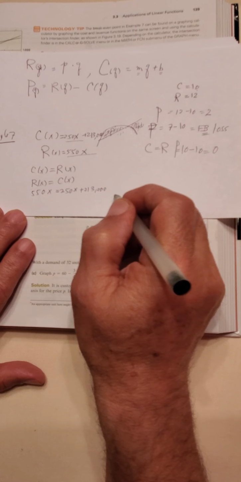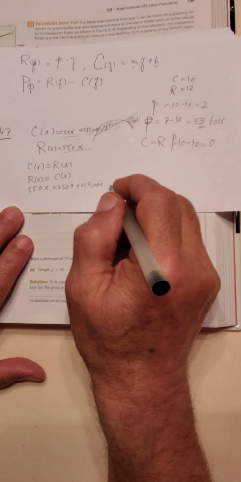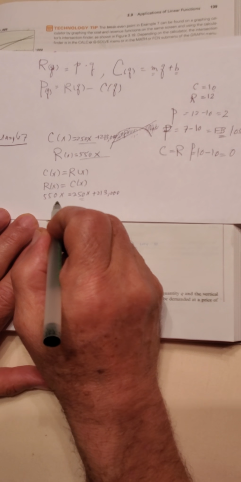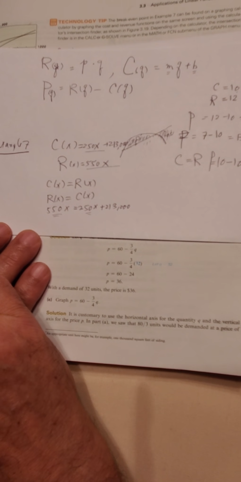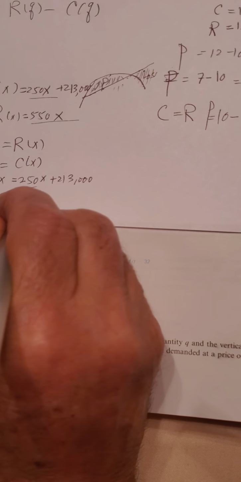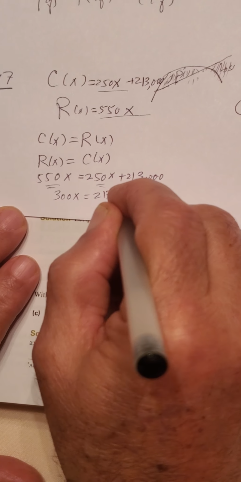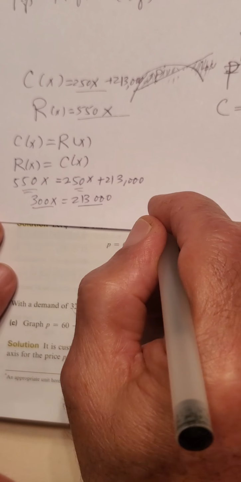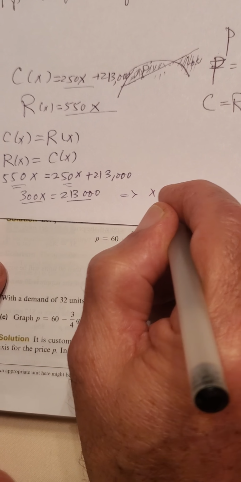If we solve this for x, we subtract 250x from both sides, so you get 300x equals 213,000. Therefore, if you divide both sides by 300, this gives you x equals 710.